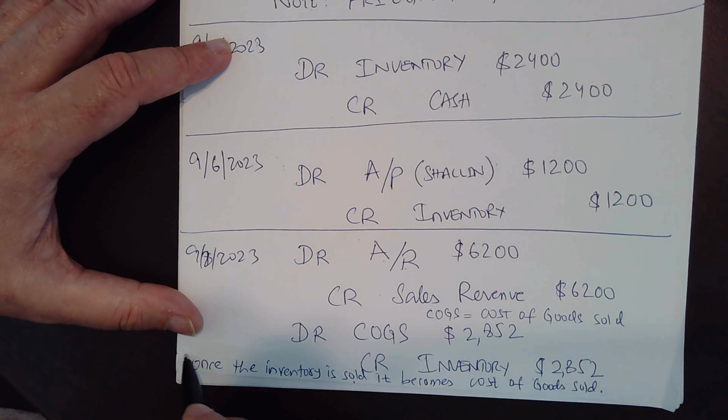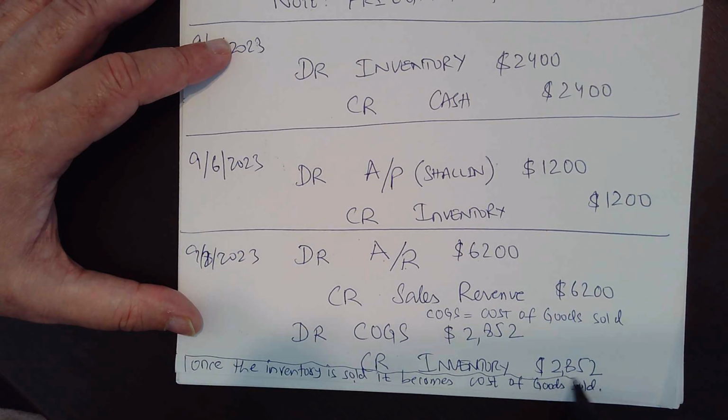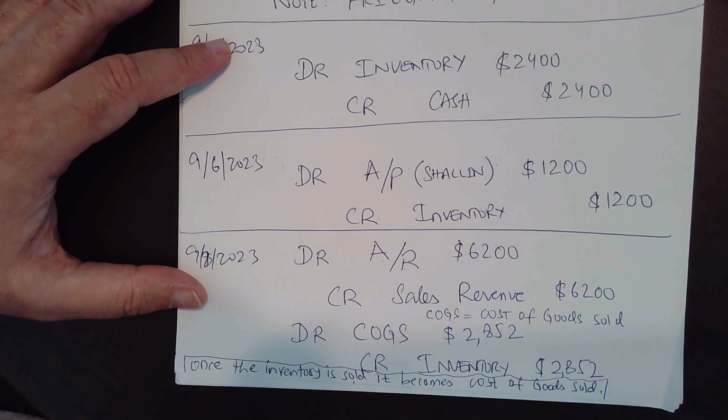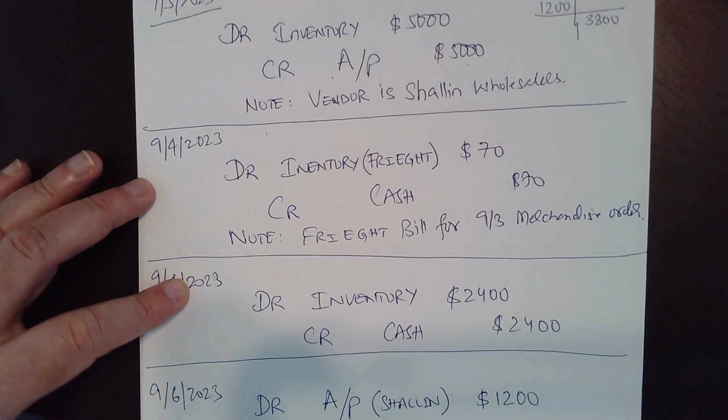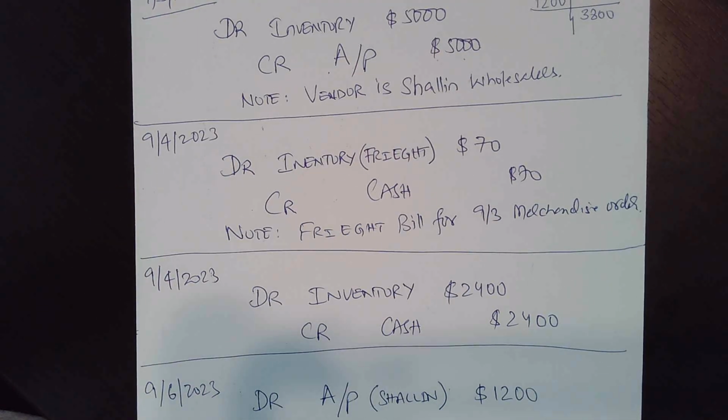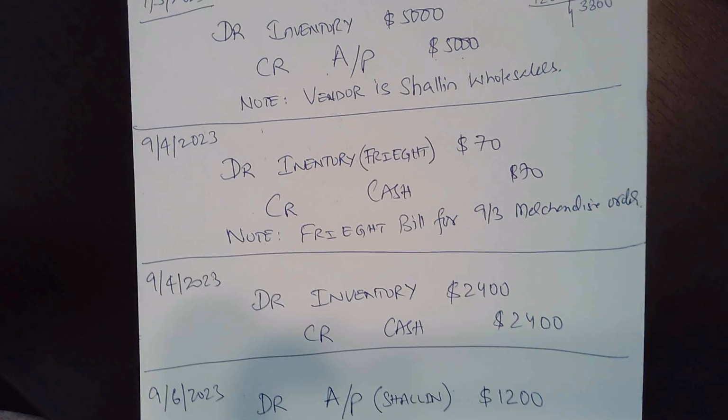And there is one more thing. When we make an income statement, we use sales revenue, the second line is cost of goods sold, and when we subtract cost of goods sold from sales revenue, it gives us gross profit, and we'll talk about that later on. All right, let's move to the next transaction.